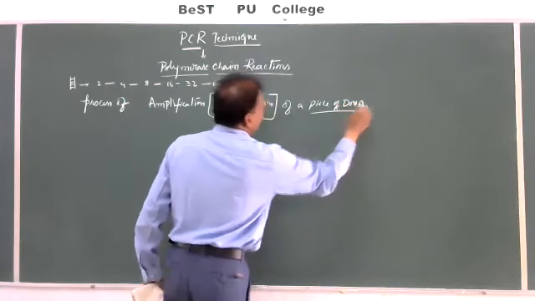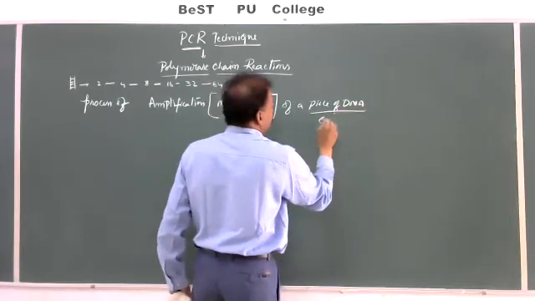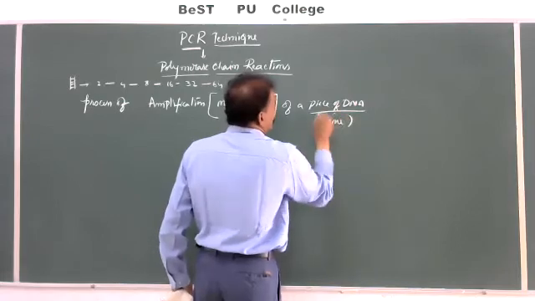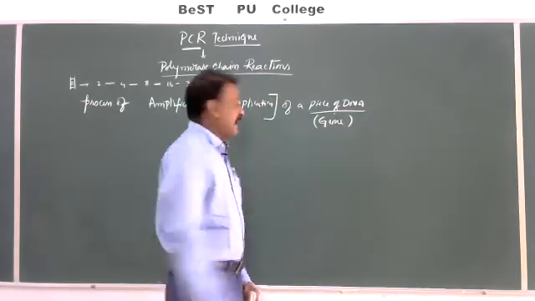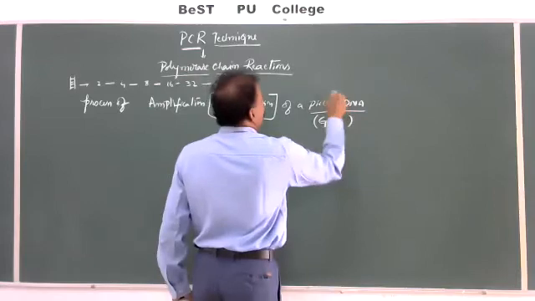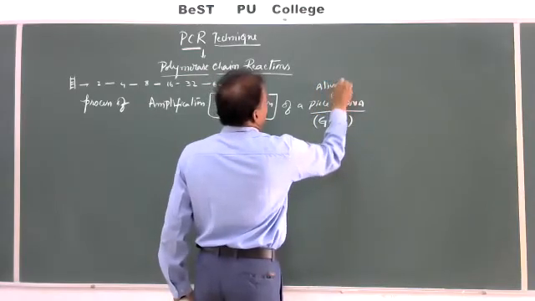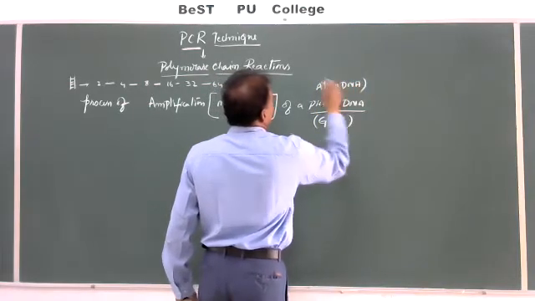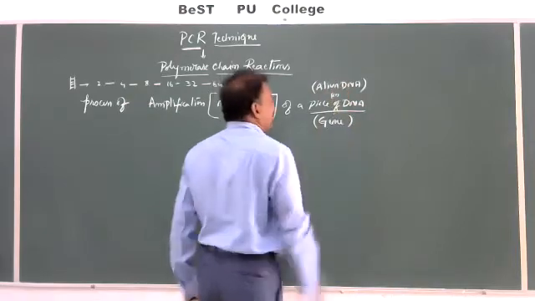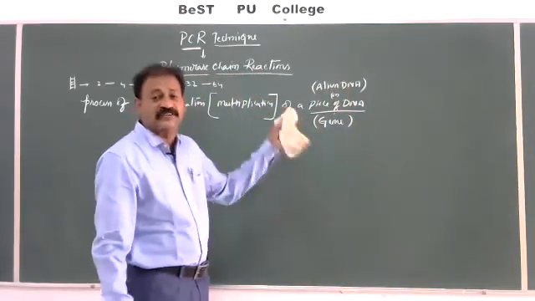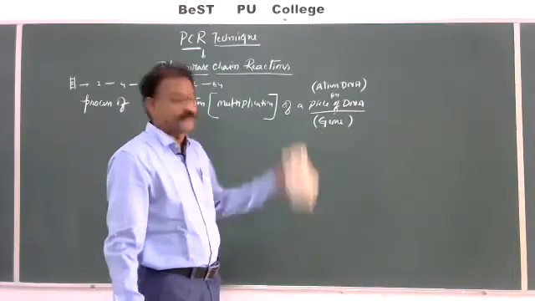What is this piece of DNA? Maybe it is a gene, a desirable gene, or a piece of DNA is also called alien DNA, or gene of interest.